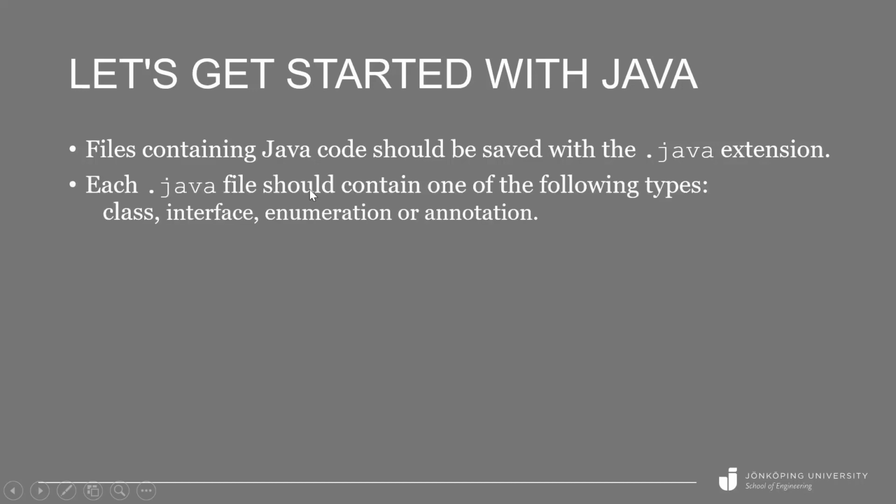In these files, we write code that implements one of the following types: either a class, an interface, an enumeration, or an annotation. A class, you probably know what that is, or I expect you to know what that is. An interface is a collection of methods that should be implemented, and then classes can implement an interface by implementing those methods. An enumeration is a collection of values where we can specify which are the valid values.